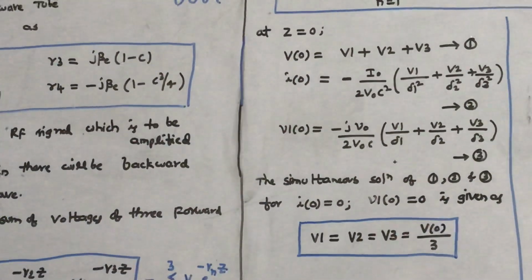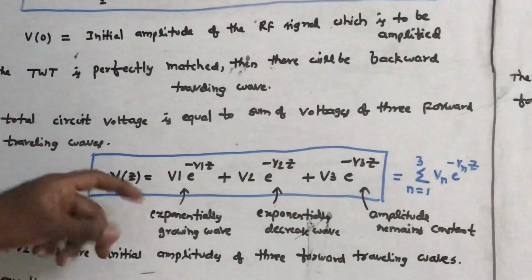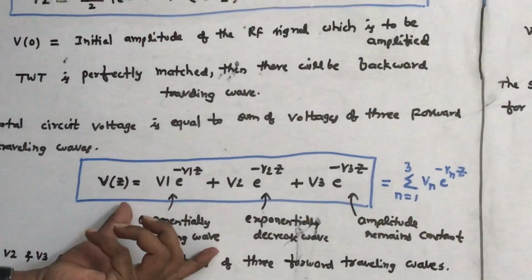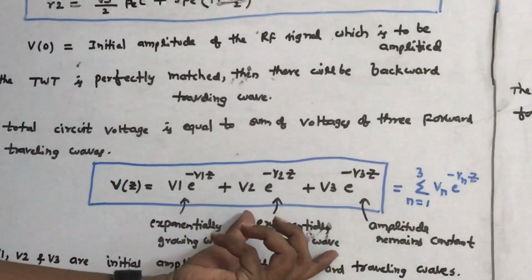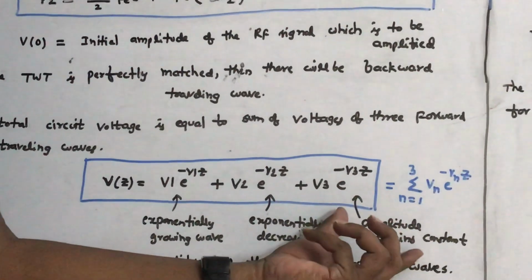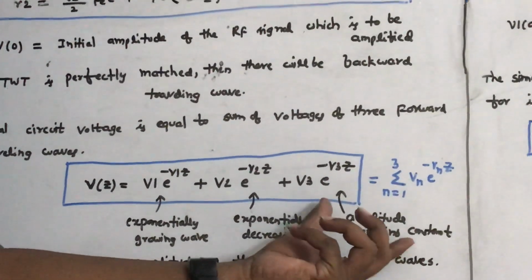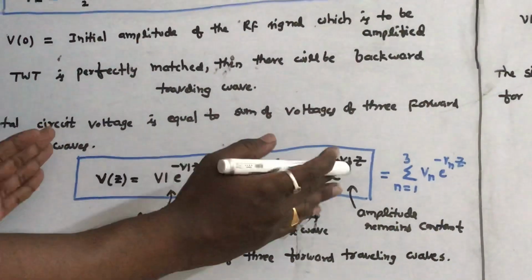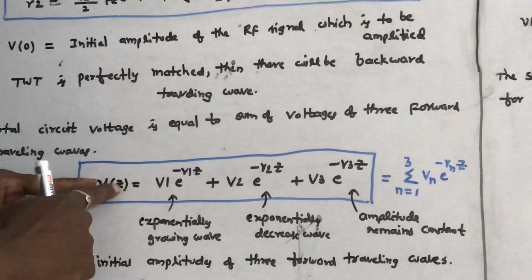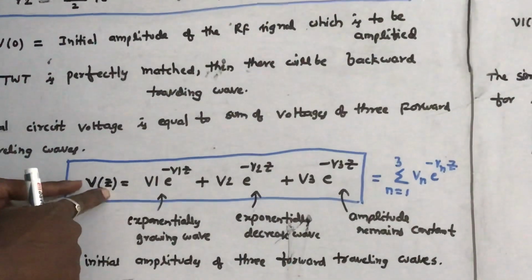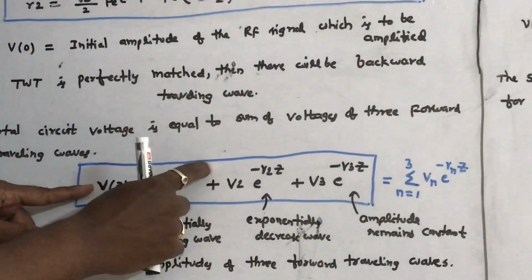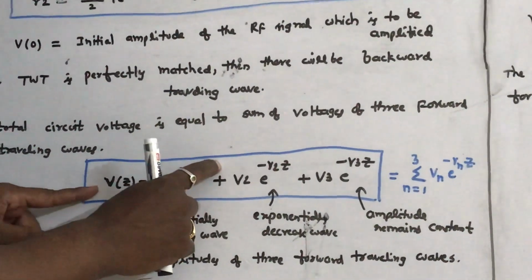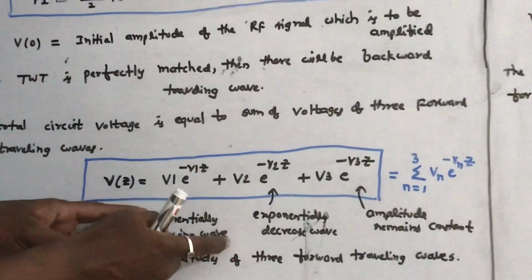Now from this equation you can see that this is the exponentially growing wave, and this is the exponentially decreasing wave, so it will not exchange any energy. Therefore, if the length of the slow wave structure is very large, that means at z is equal to L, this term will become the dominant factor because this wave is exponentially growing.